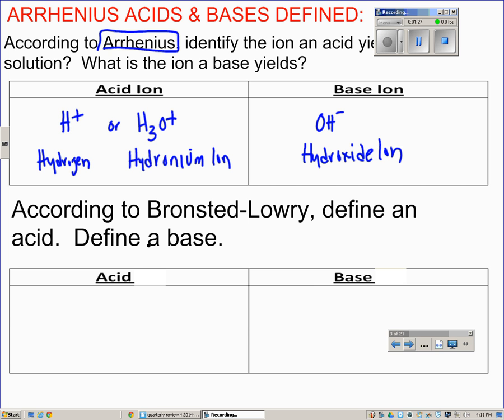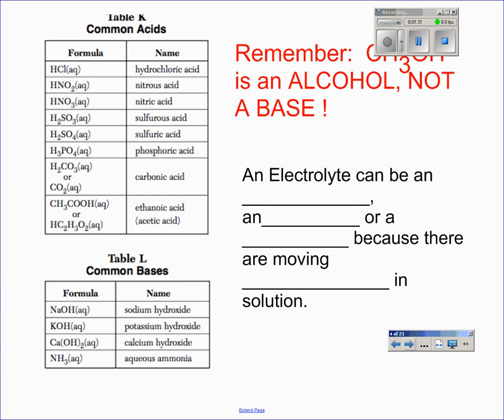So if you were asked a question that said which of the following yields a hydronium ion in solution or an H+ ion in solution, you would choose any of the acids on Table K. Notice the organic acid at the bottom. This is ethanoic acid because it has the two carbons, and that's the only one where the H isn't written in front of the molecule all the time.